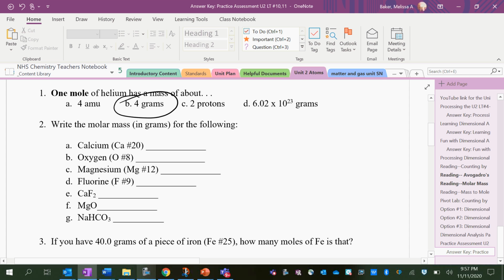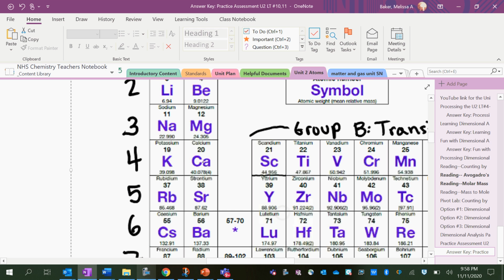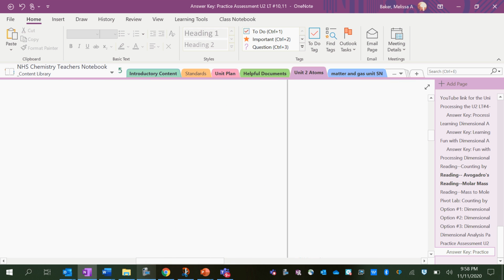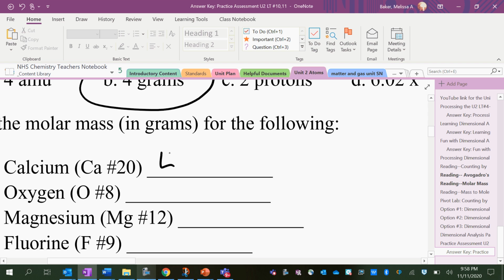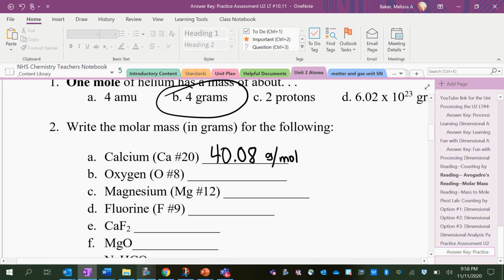What's the molar mass for the following? Calcium. Calcium's number 20. Its molar mass is 40.08, and the units are grams per mole. And for oxygen, it's 16 grams per mole.